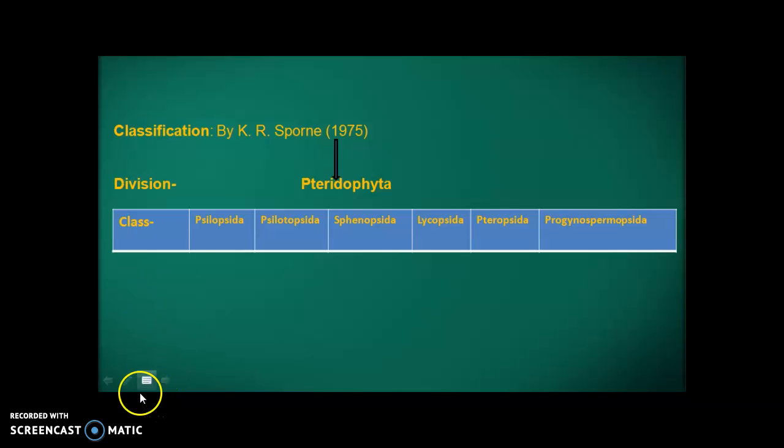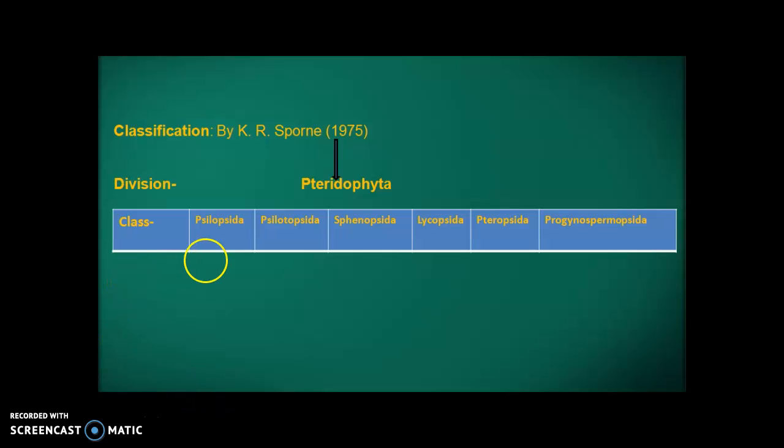This is the introduction of pteridophyte. In this introduction, we studied what is meant by pteridophyte. Pteridophyte is a group of cryptogams. They are called vascular cryptogams because of the presence of vascular tissue in them. They also show root, stem and leaf-like structures, and that's why they come under the higher cryptogams also.